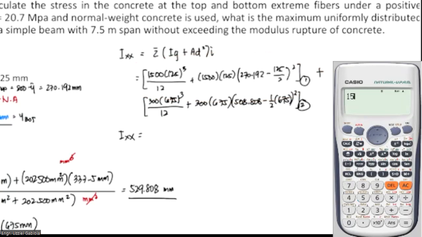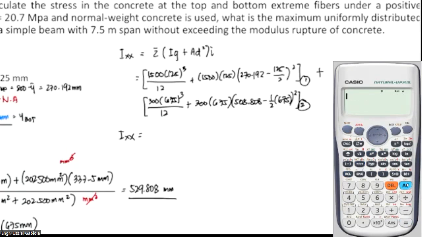So we have 1,500 times 125 cubed over 12, plus 1,500 times 125 times 270.192 minus 125 over 2, then squared. Okay, so this is the first part. Let us store it to another letter or constant, let us say b.